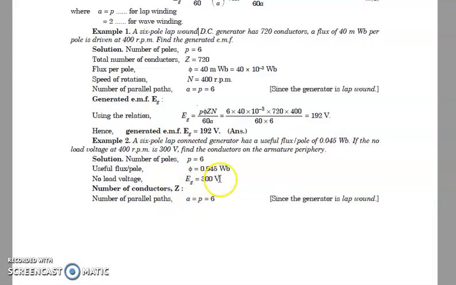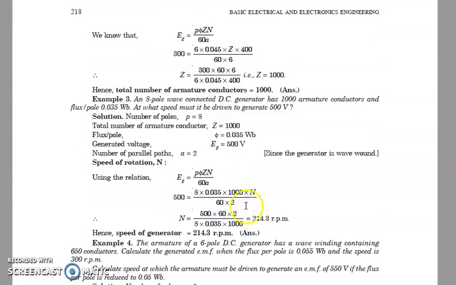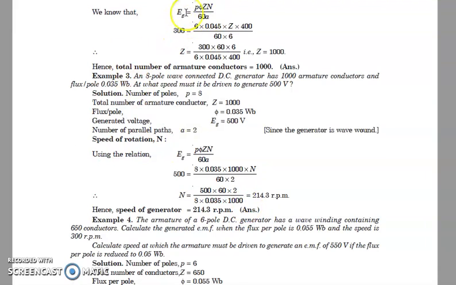Eg is given as 300 volts. Z is to be found. Parallel path A is equal to P because it is again a lap wound generator, so A is equal to P is equal to 6. Applying the same formula and putting down the values, you can easily find the value of Z, which comes out to be 1000 conductors.